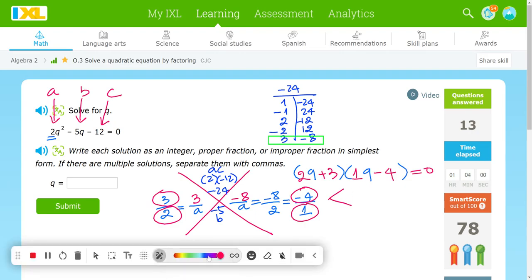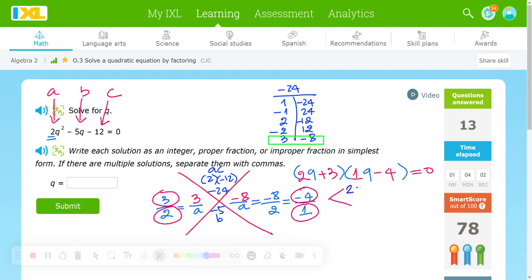Okay, so let's solve this. 2Q plus 3 equals 0. Then 2Q equals negative 3. Therefore, Q equals negative 3 over 2. Okay. The other factor is Q subtract 4 equals 0. Therefore, Q equals 4.